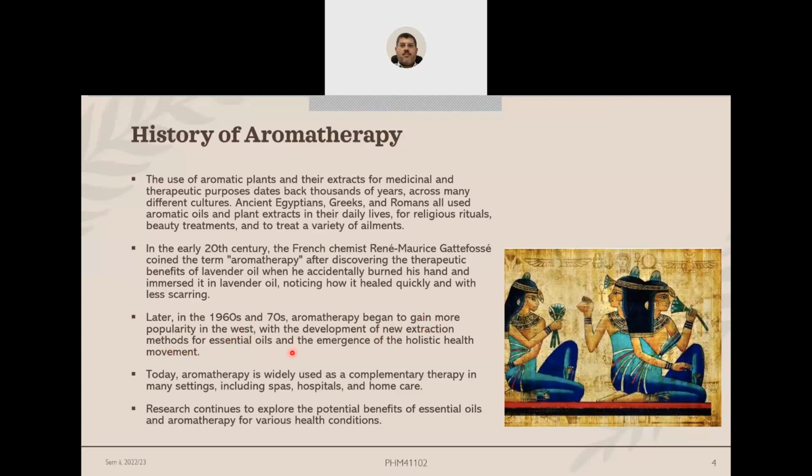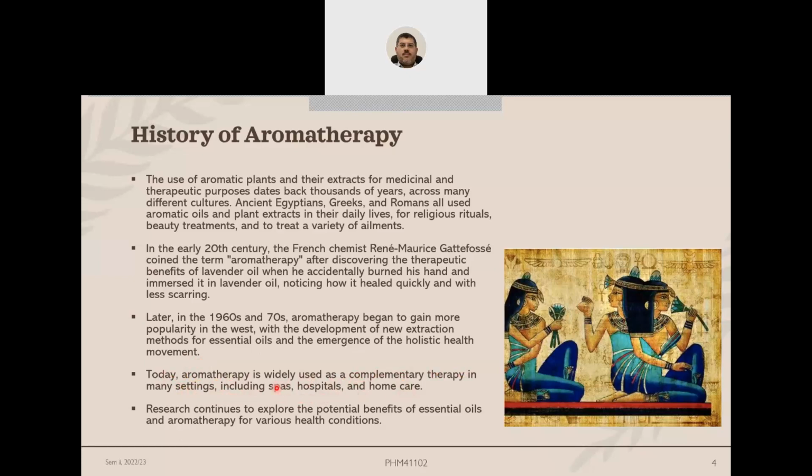And there was the emergence of the holistic health movement, what we mentioned before, treating body and soul and using different treatment modalities. So we can use complementary medicine beside the conventional medicine as well. Today, aromatherapy is widely used as a complementary therapy in many settings. It is used in spas, in hospitals, and in home care.